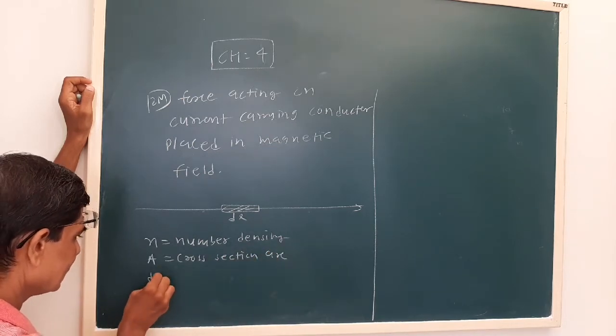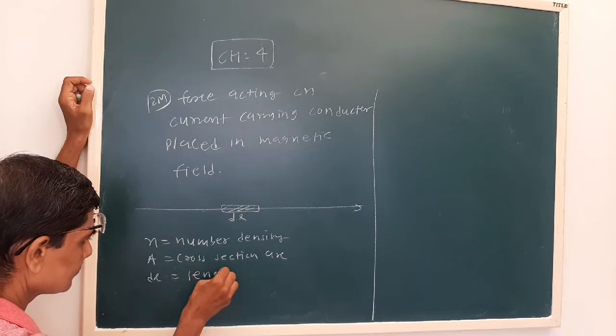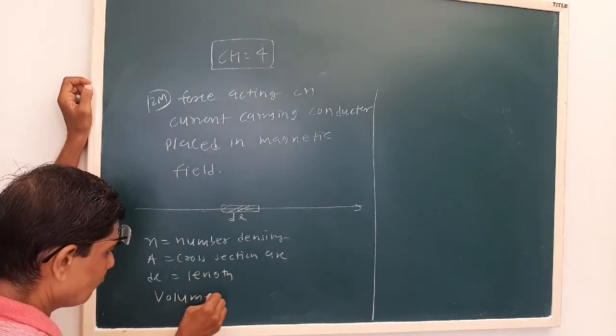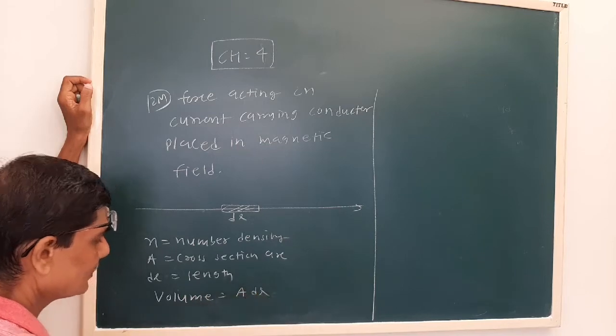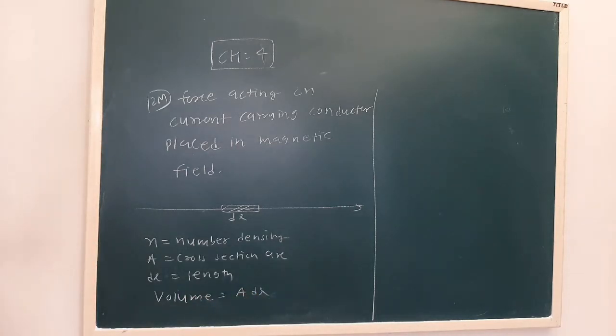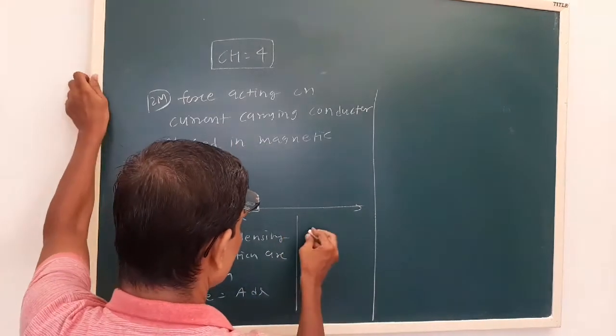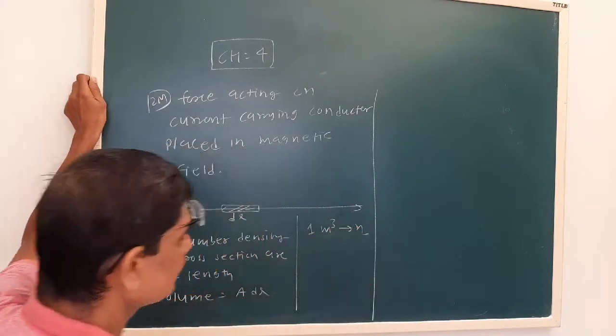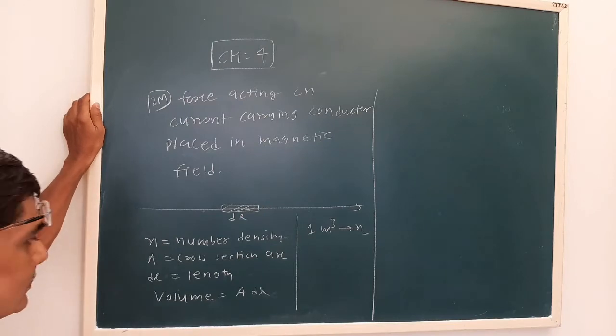What will be the volume? Volume is area into length, A dl. Since n is the number density, there are n charges in 1 meter cube volume.